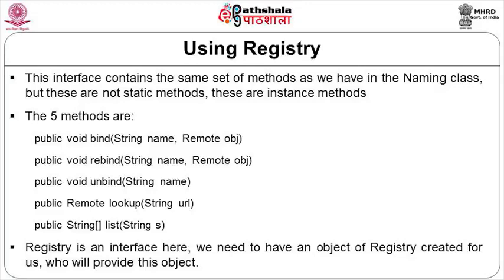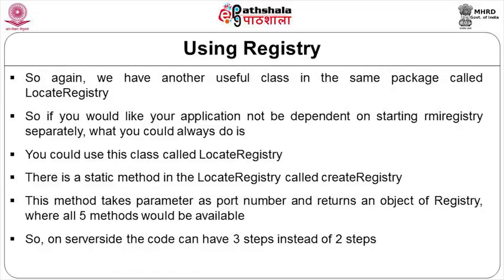All these 5 methods are again available in the interface called Registry. It's an interface here. So another useful thing here is that we need to get some object of Registry somehow. Who will provide us that? For that, in the same package, we have a class called LocateRegistry.